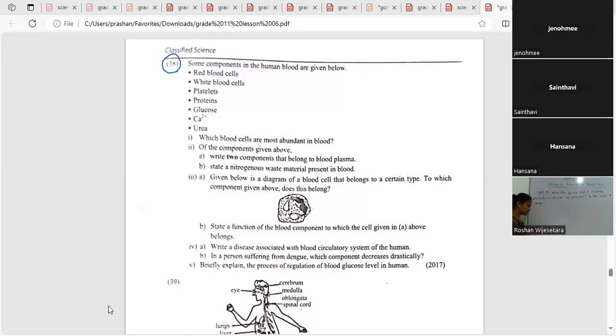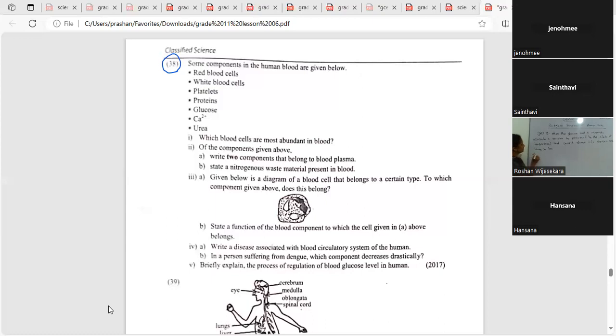We have written this as a flow chart to study easily. Insulin is secreted by the pancreas and converts glucose into glycogen and stores it in the liver.